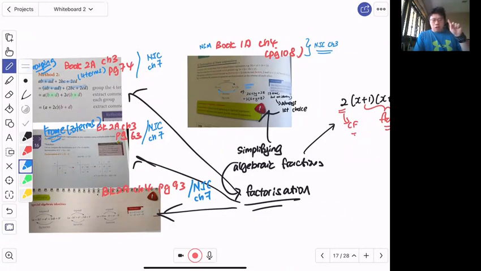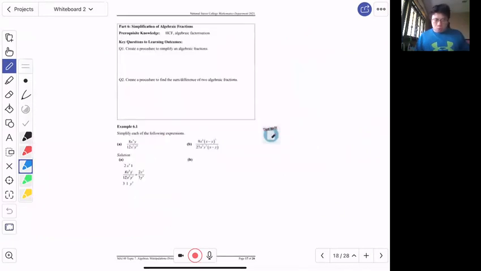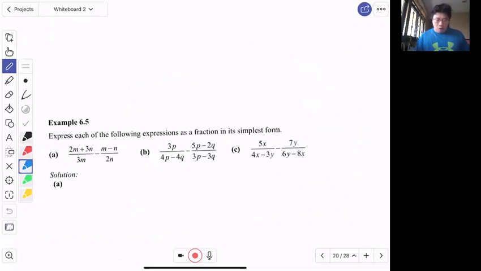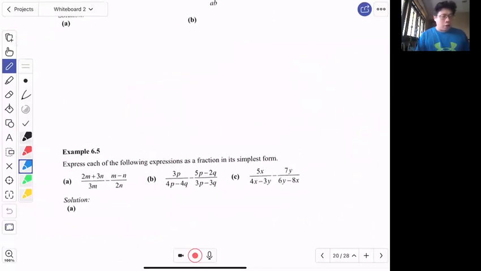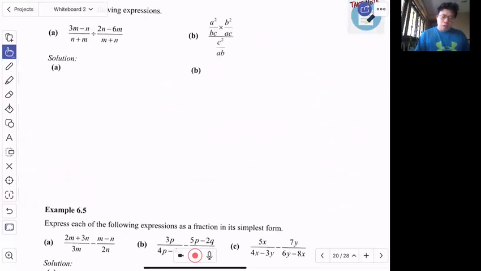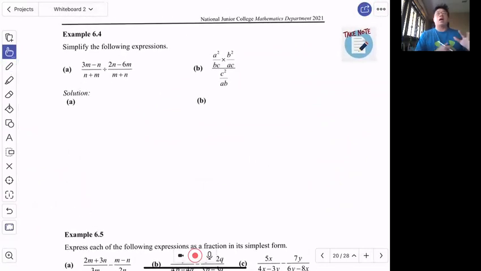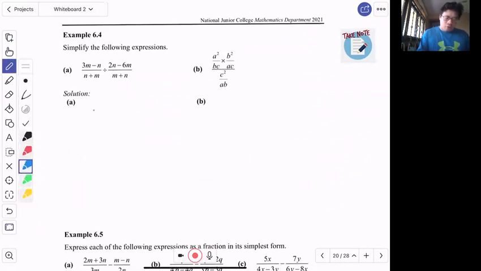Okay, so next one, I'm going to go to part 6.4. I received quite a lot of requests to go through, so I'm just going to share with you. 6.4 is based on the idea of multiplying or dividing what we call algebraic fractions.